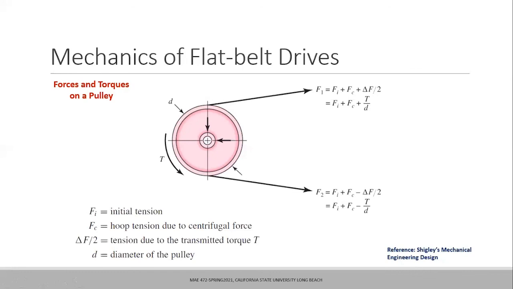Here the plus and minus will be a bit reversed because earlier we applied a clockwise torque, and here you see a counterclockwise torque. That's why you have the tight side on the upper end and the loose side on the bottom end. That will change depending on how your torque is being transmitted.